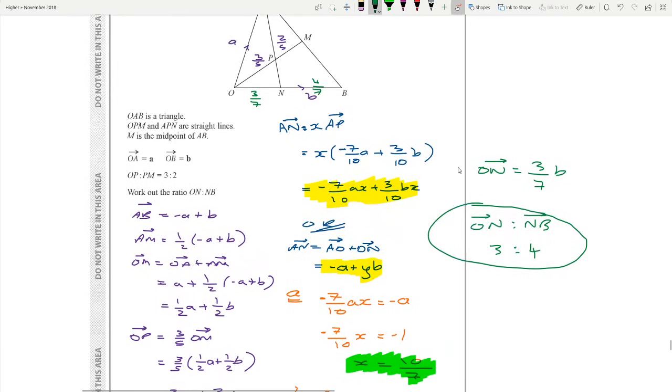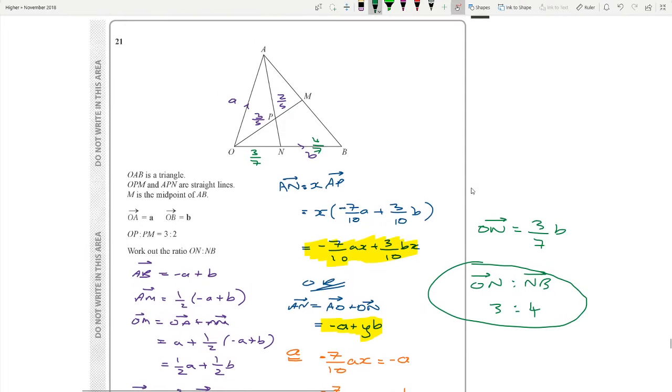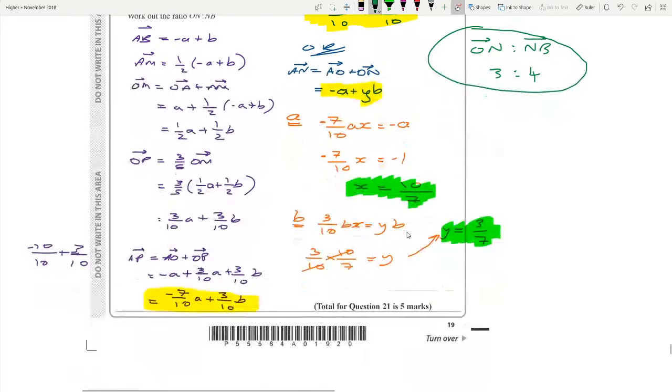So have a think about that question. If you have any further problems or questions, feel free to leave any comments. Otherwise, we'll do the last question of the paper. I'll just write down the answer on the line here: 3 to 4.